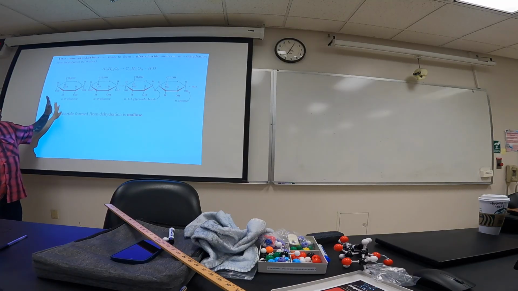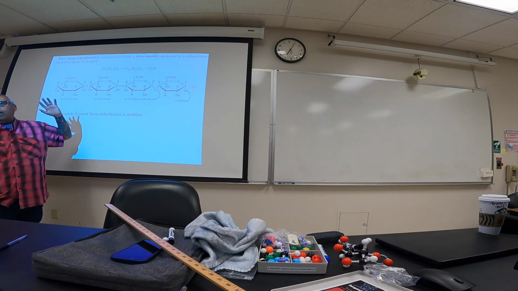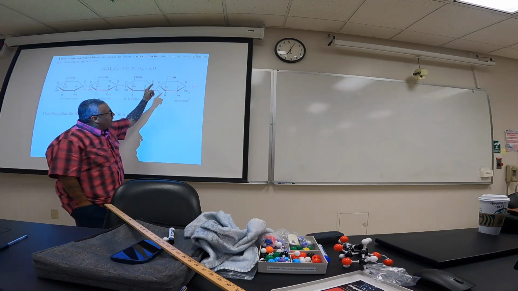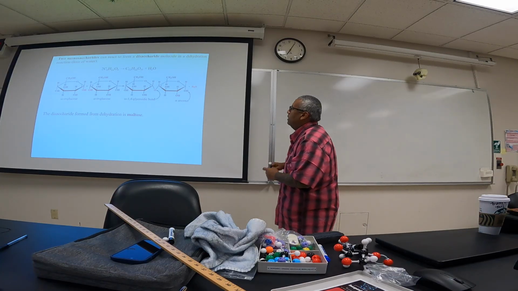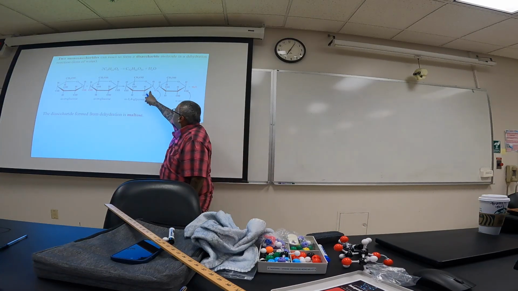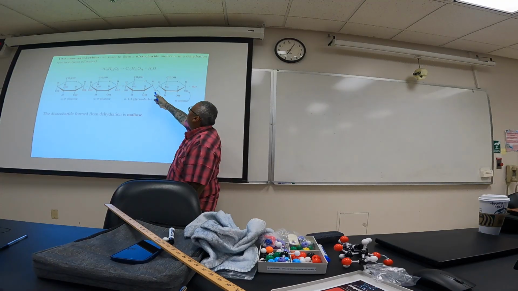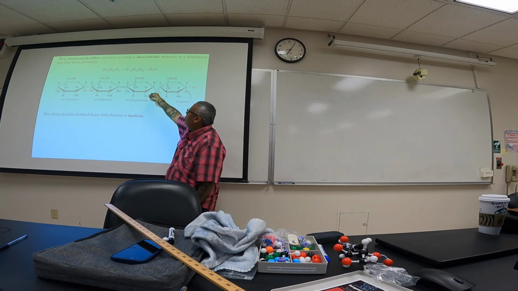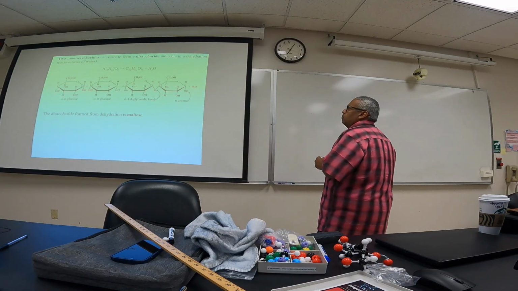We get one glucose and another glucose, and they bond together through this oxygen, and we get a disaccharide. This oxygen, we also call an oxygen bridge, has a special name: this is a glycosidic bond.